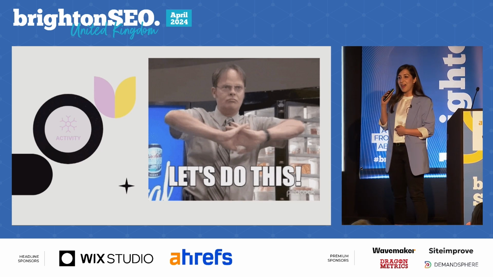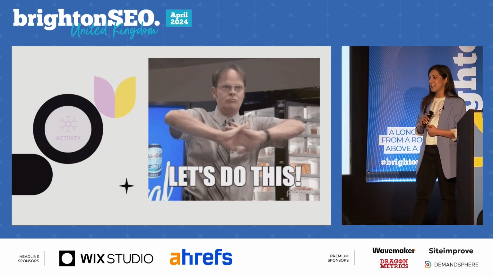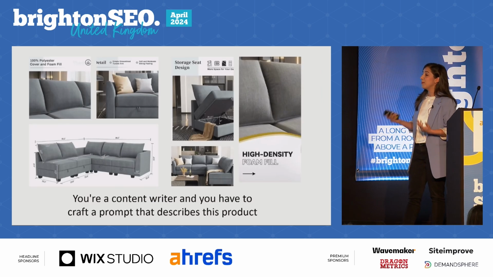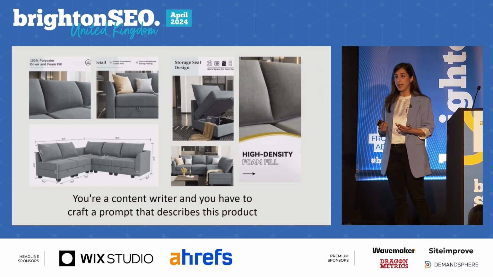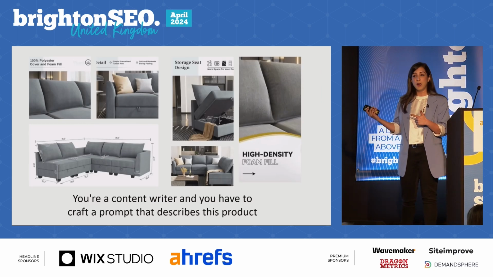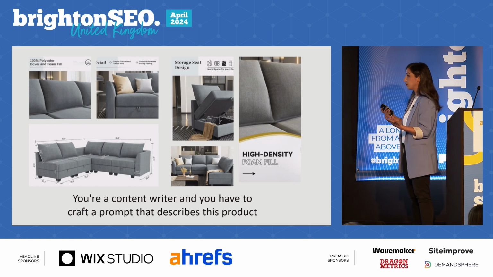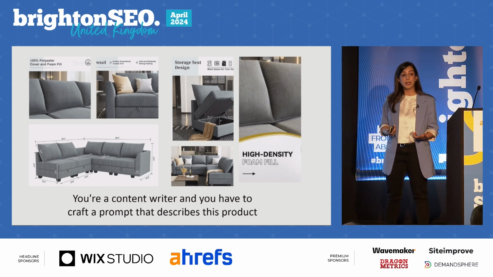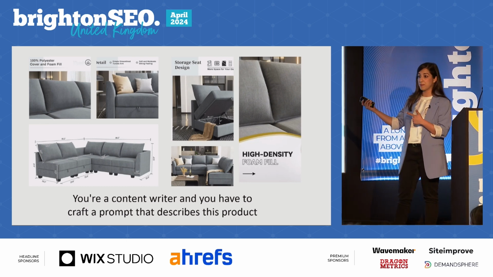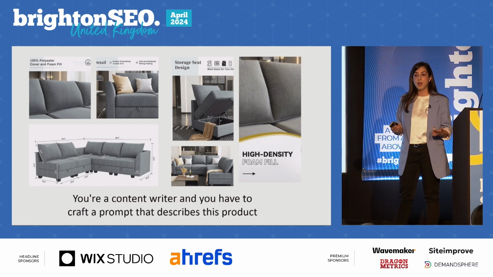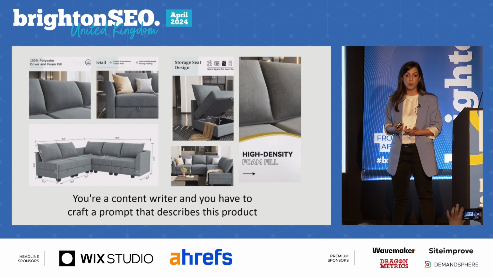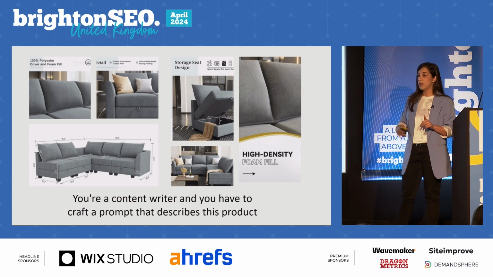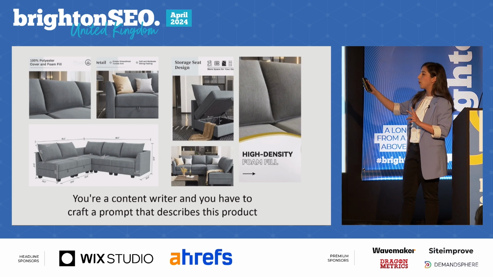Again, a GIF, but I love Dwight from The Office, and in his own words, let's do this. So imagine you are a content writer, right? And you have a SKU that you want to sell on the website, which is a gray couch. And you want to be able to write generative AI content that describes this product accurately. The very first basic step would be, write me a description for this gray couch that has about 4 to 5 features.